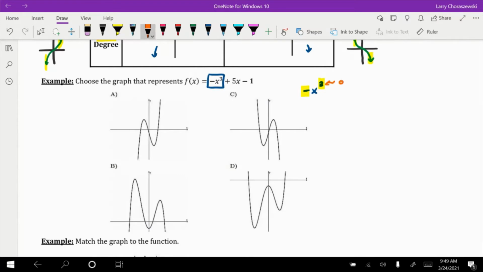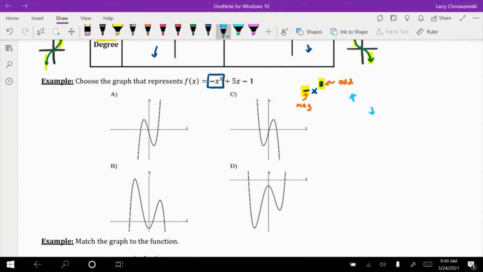The degree is odd, and the leading coefficient is negative. So based on our end behavior chart, when it's odd and the leading coefficient is negative, we're going to have one end pointing up in quadrant 2 and the other pointing down in quadrant 4.